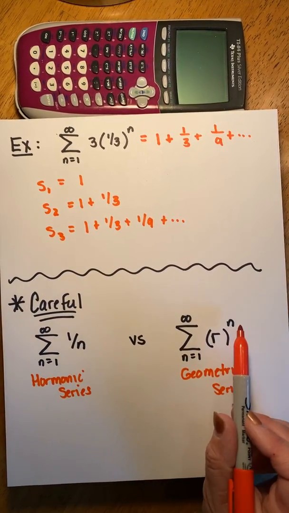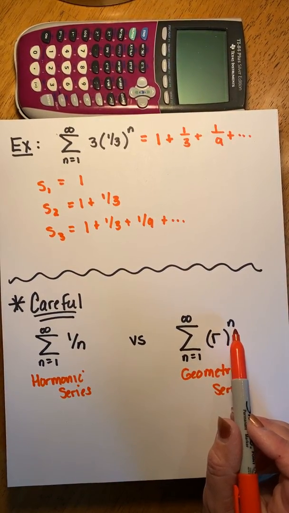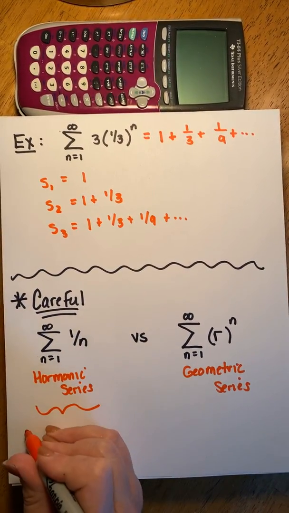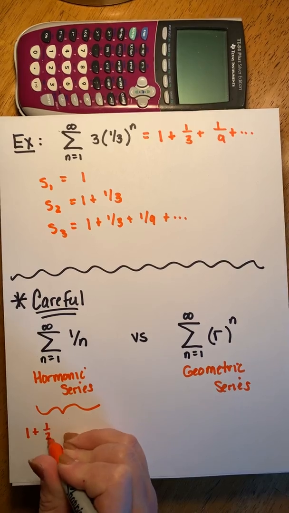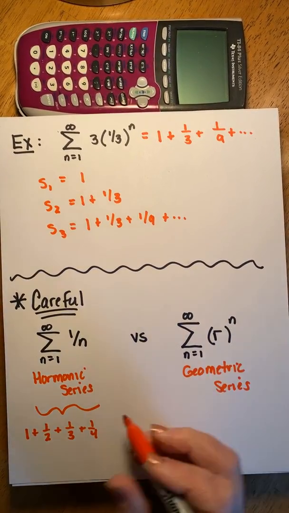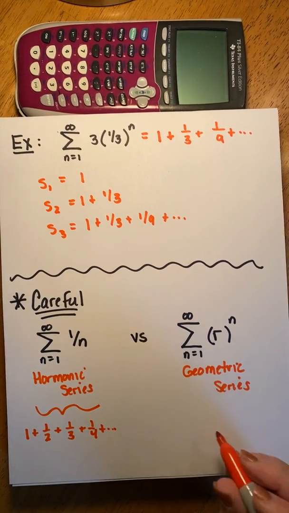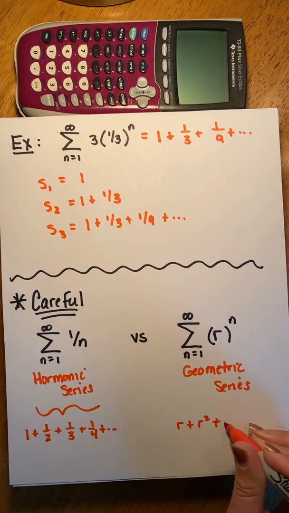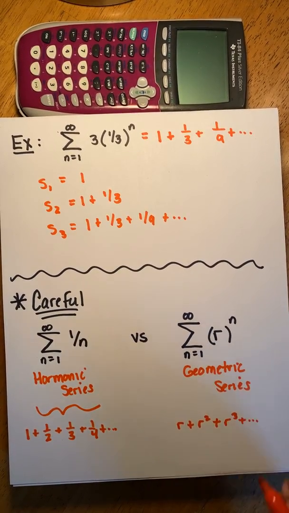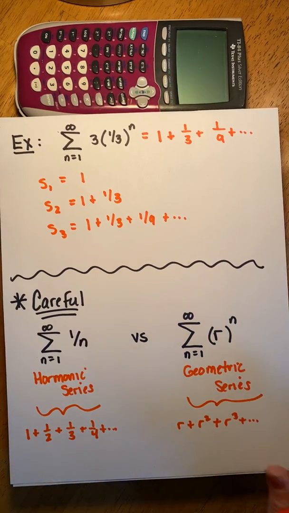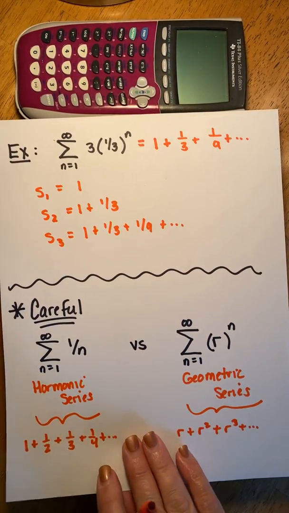In a geometric series, what's changing is the power. So the harmonic series would be 1 plus 1/2 plus 1/3 plus 1/4, whereas here it would be 1 plus r plus r squared plus r cubed. Notice it's the power that's changing; the base is staying the same. So just make sure you distinguish between the two.